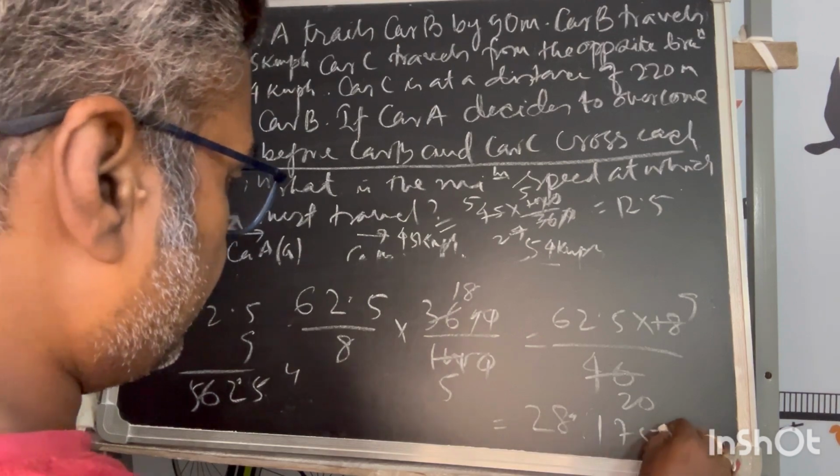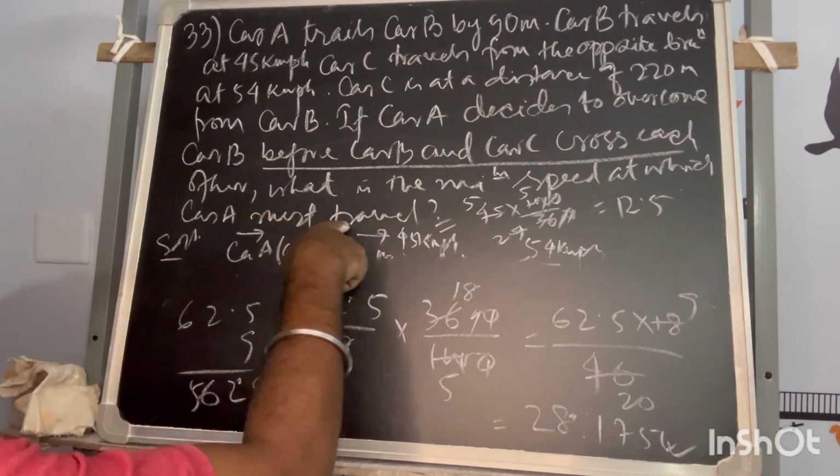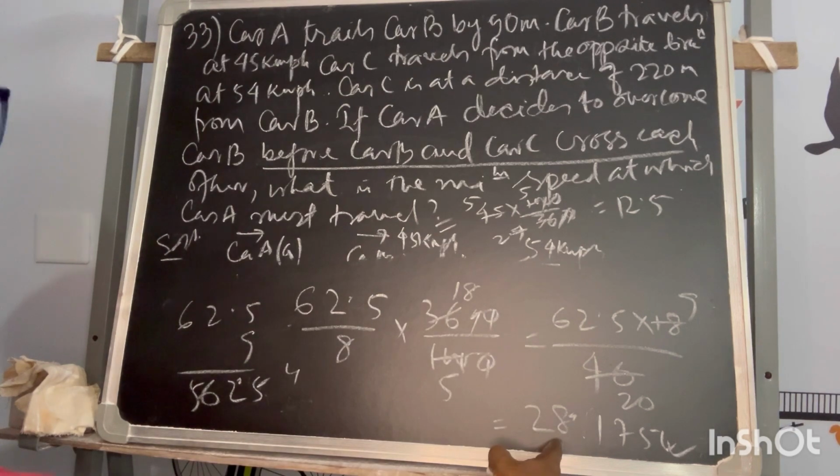So this will be the velocity in kilometer per hour for the maximum speed that has to be attained by A, but that is less than B.